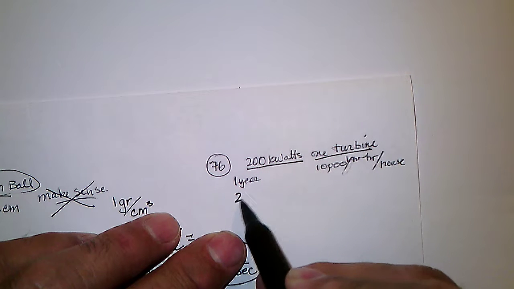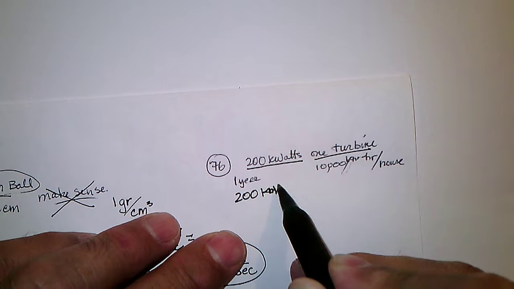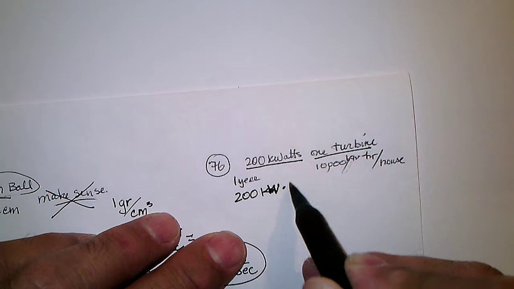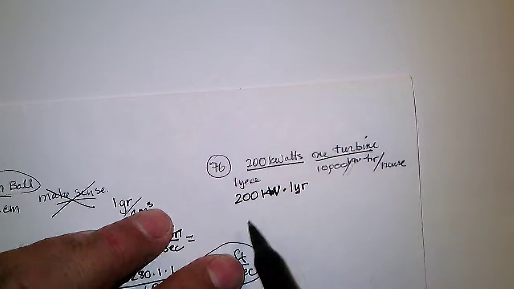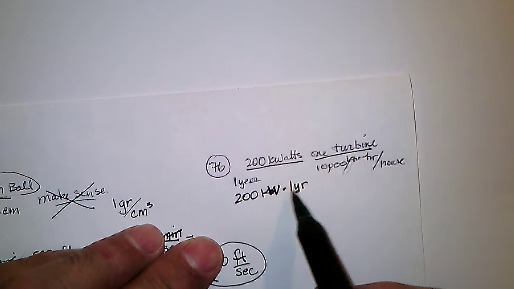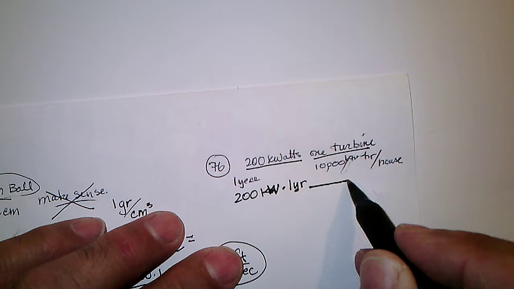So we want to take 200 kilowatts, kW, times 1 year. But we want kilowatt hours because at home they measure in kilowatt hours. So we've got to figure out how to change years to hours.